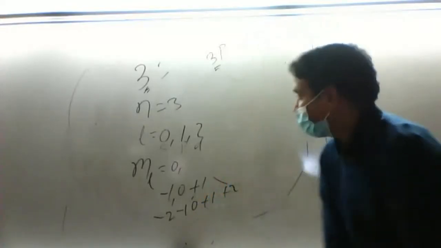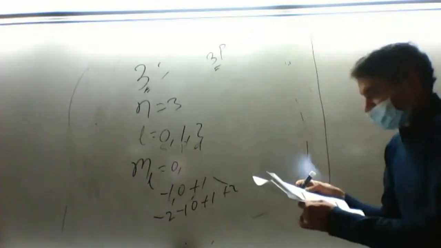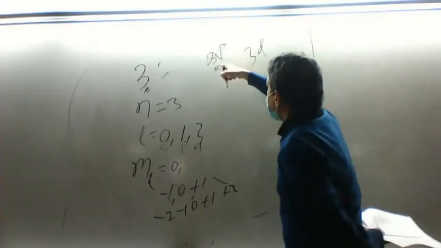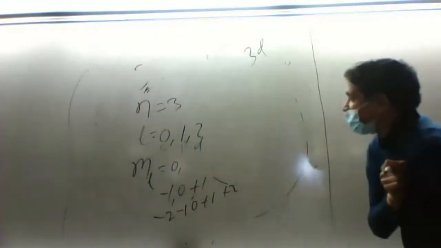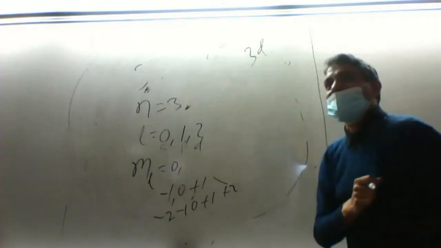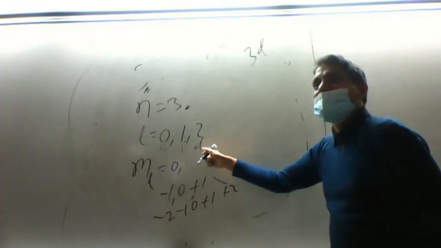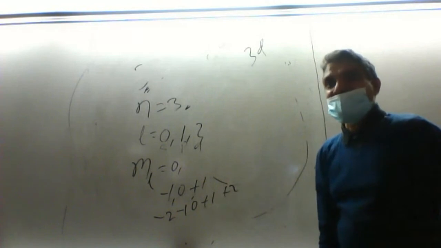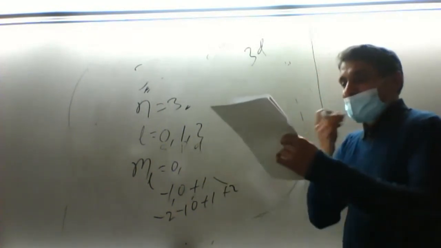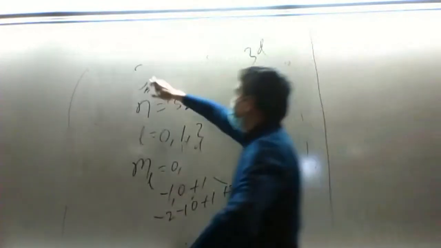All right. Now let's look at 3d. Is 3d possible or not? 3p is possible. 3s is possible. Now look at 3d. n is 3, so that is possible. Now do we have a d somewhere here? Definitely d is here. So 3d is possible. Make sense? Good. Now let's look at 3f.